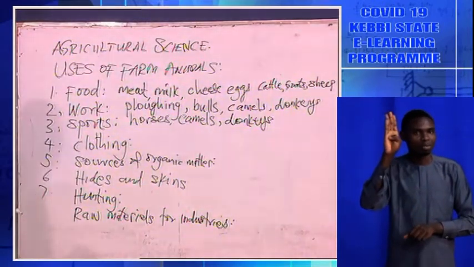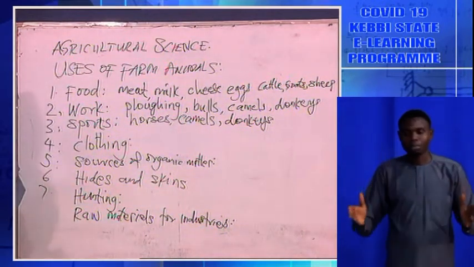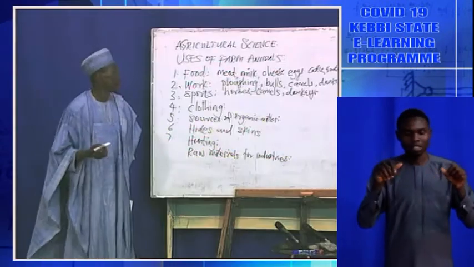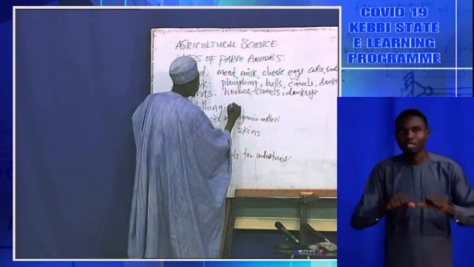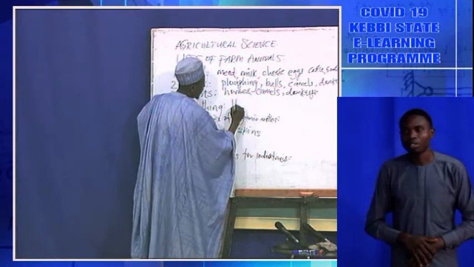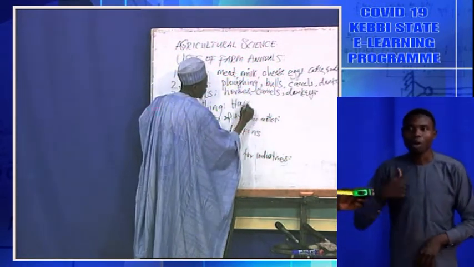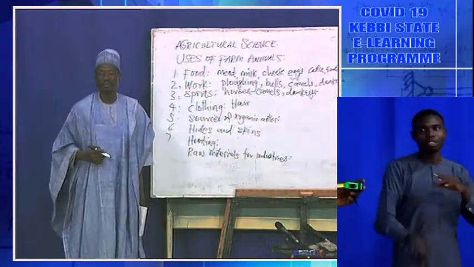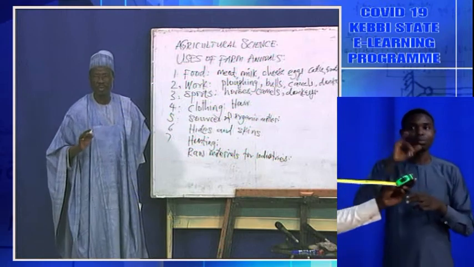All right, let us see clothing. How do we use animals for clothing? Look at this example of hair. You know hair? The skin of goats and sheep.